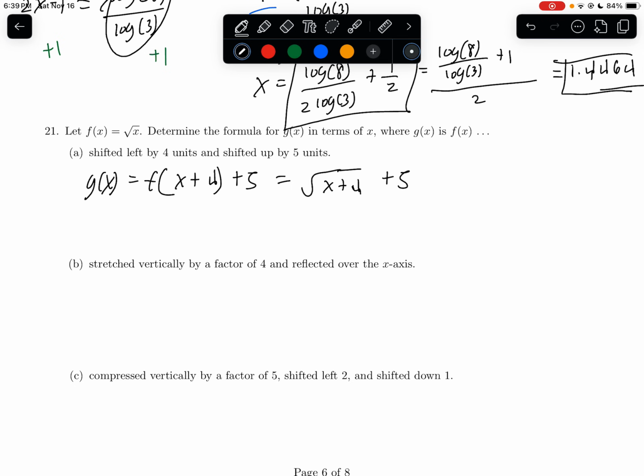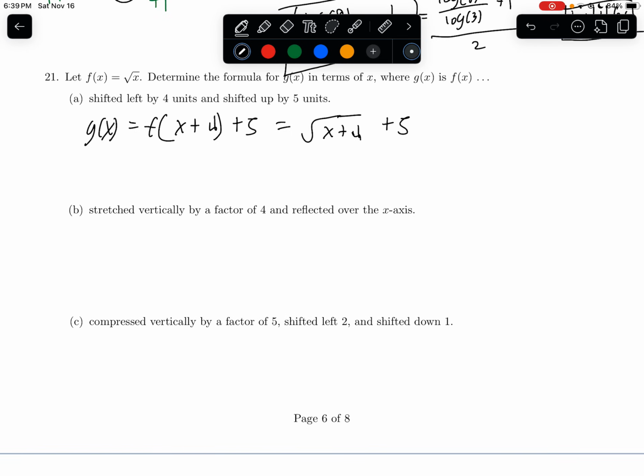And then the next one, stretched vertically by a factor of 4 and reflected over the x-axis. So there are two things happening here. One of them is that you're vertically stretching it by a factor of 4, which means you would multiply all of the outputs of f by 4.